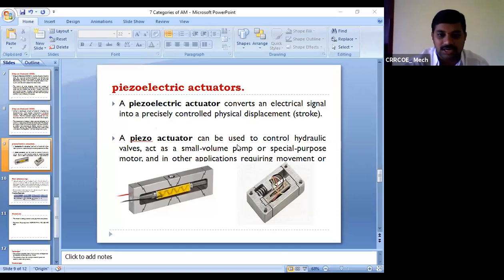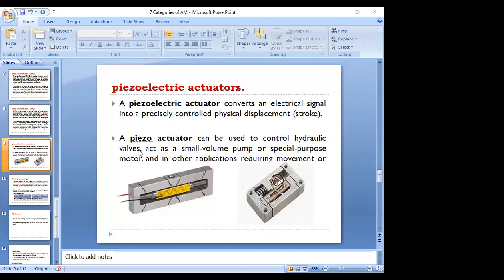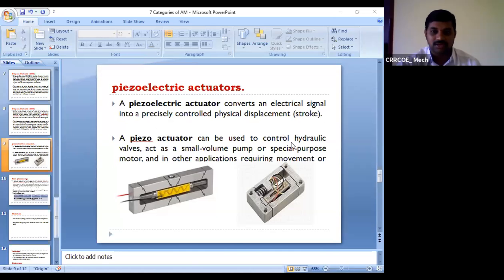Here, piezoelectric actuators can be used to control hydraulic valves. We have different types of valves: direction control valves, flow control valves, and pressure control valves.